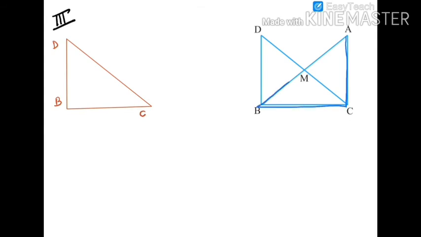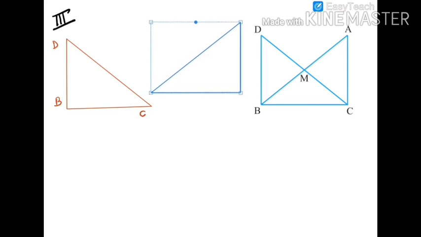Triangle ACB is here. Now let's mark the corresponding parts in these two triangles that are equal. BC is equal to BC because this is a common side of both the triangles.